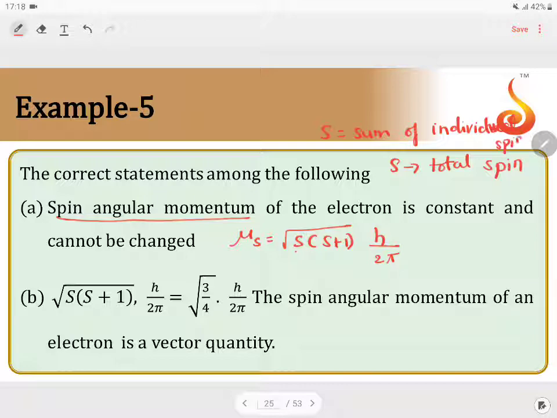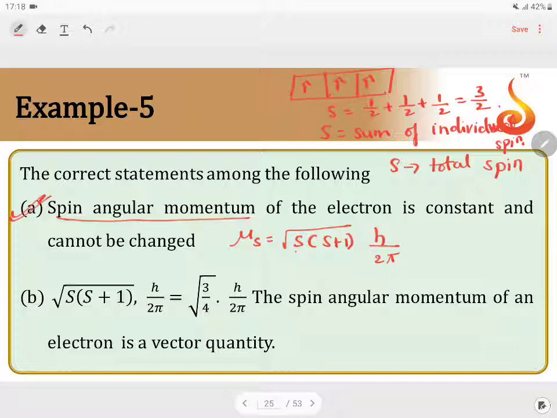For example, if you have 3 unpaired electrons, a p orbital having 3 unpaired electrons, how do you calculate the total spin? Total spin will be half plus half plus half, that will be 3 by 2. Therefore, for a given system or for a given electron, the spin angular momentum is a constant. Therefore, this is a right answer.